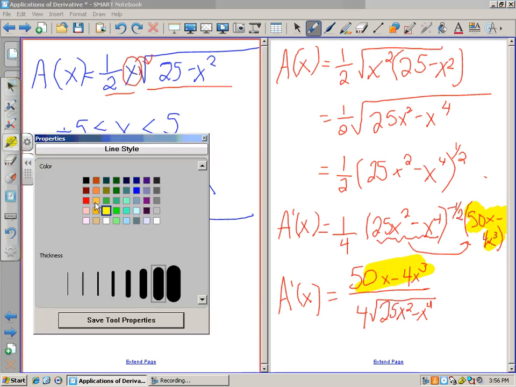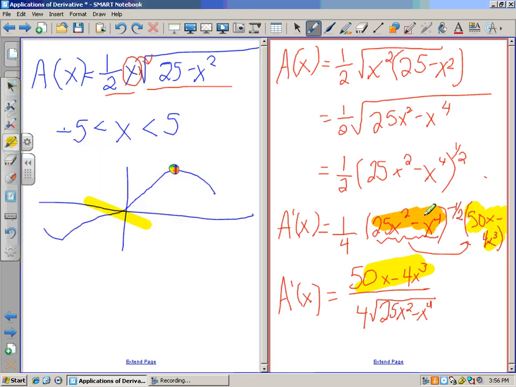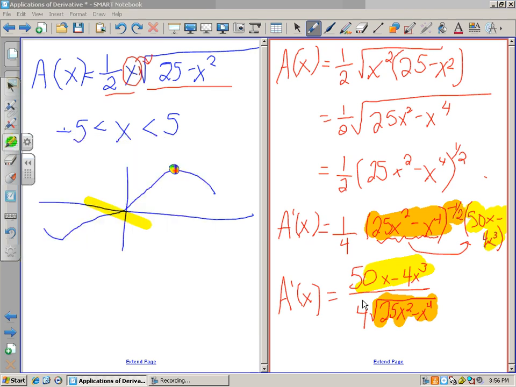Okay, take a look. Let's do orange now. This had a negative power right up here, so that goes in the denominator with a square root. And then, let's do green. The 4 is in the denominator here, so the 4 is in the denominator there. So that's how I got that expression for the derivative of the area.